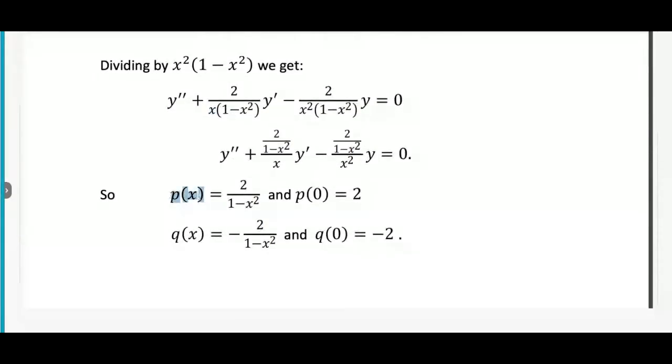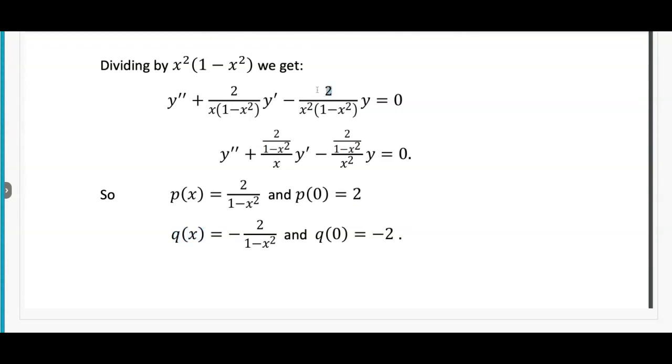Then little p of x will multiply x with this capital P of x, so the x in the denominator cancels out to be 1. So lowercase p is 2 over 1 minus x squared. So p of 0, well, x is 0, so I have 2 divided by 1, which is 2.